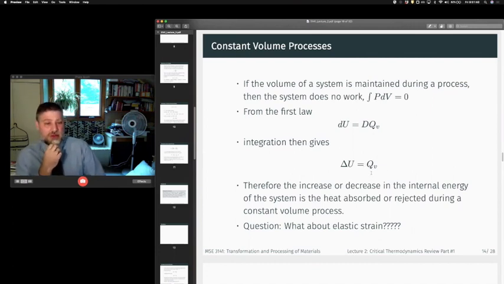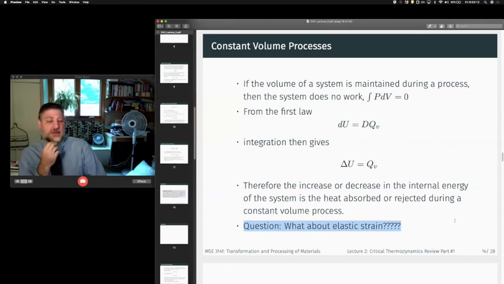So little dq equals big dQ for this particular case, okay? So the increase or decrease in internal energy under a constant volume process is the heat absorbed or rejected, okay?